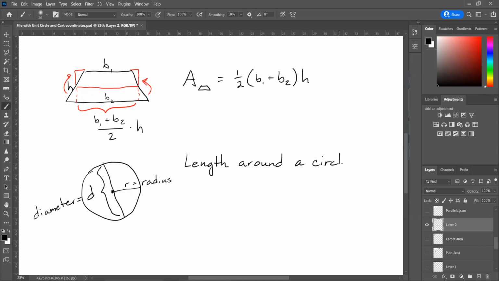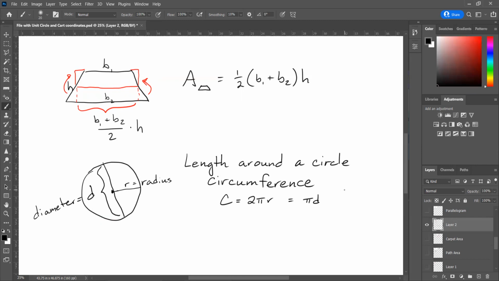It is called the circumference. And it has a calculation. With perimeter, we just added up all the sides. For circumference, it's 2 pi r, which, remember, 2r make 1d, so we could also call this pi d. That gives us the length around a circle.